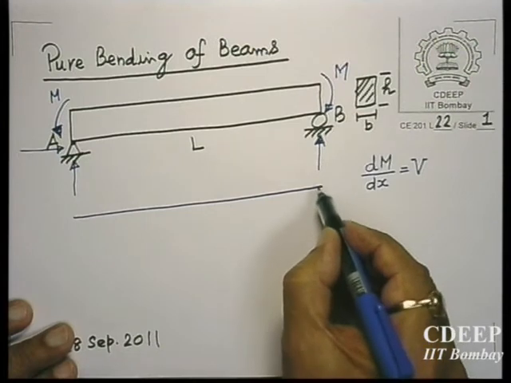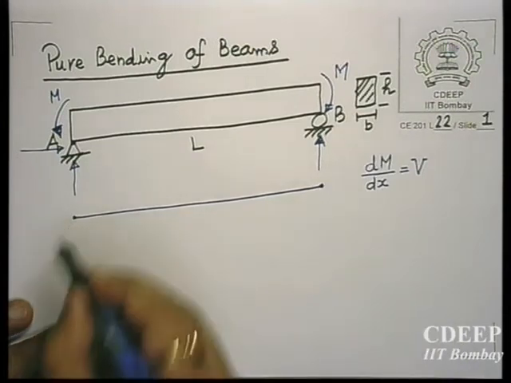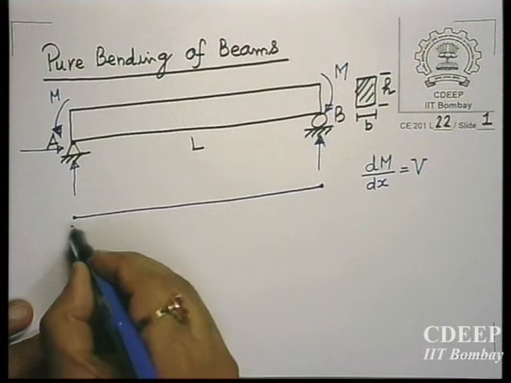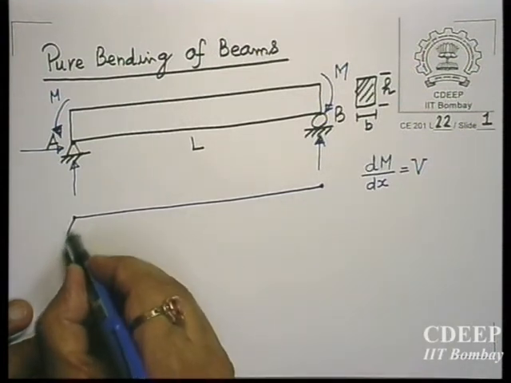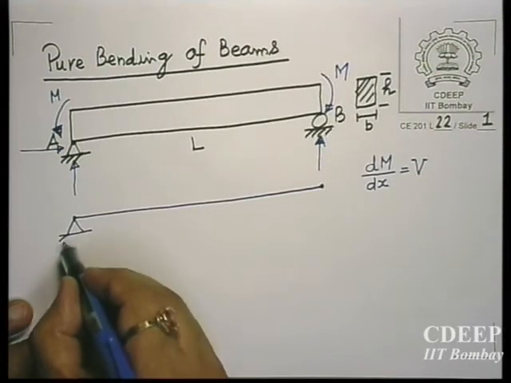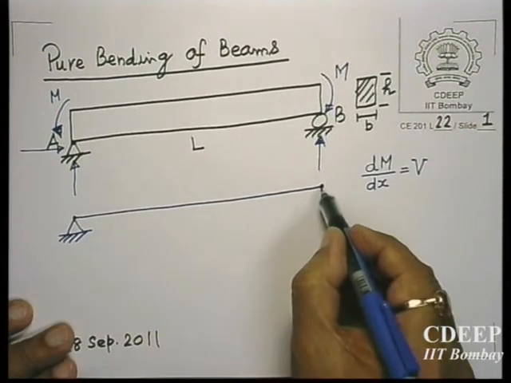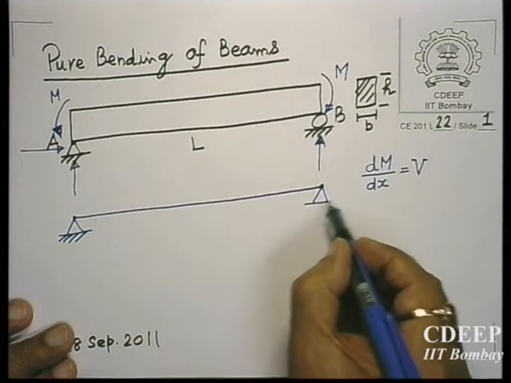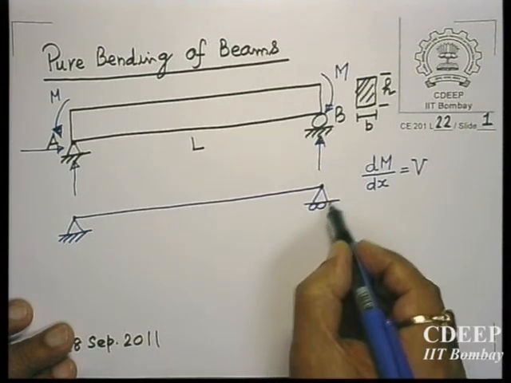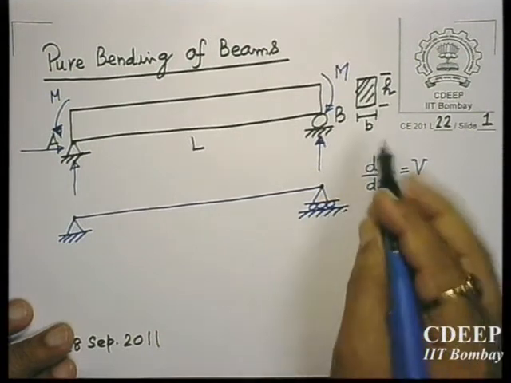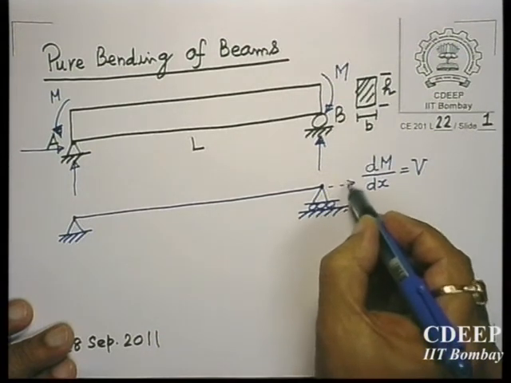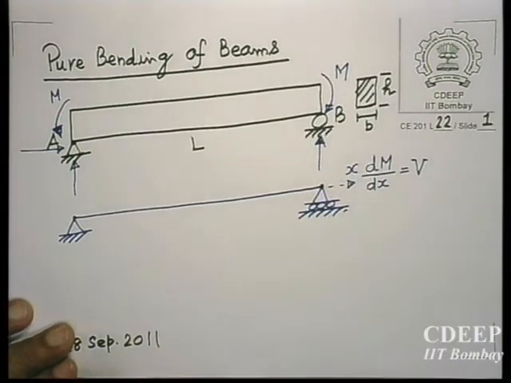We idealize the beam as a line, which is the centroidal line, and we also show the roller like this, so that it has free motion in the x direction.